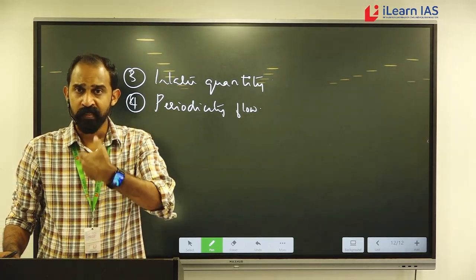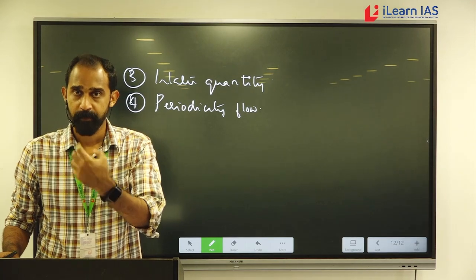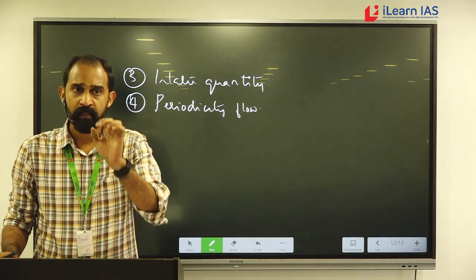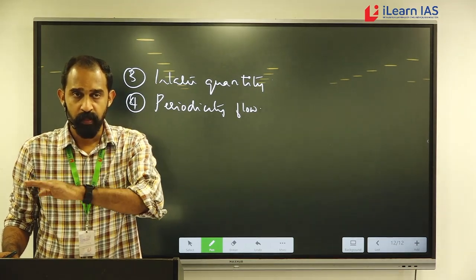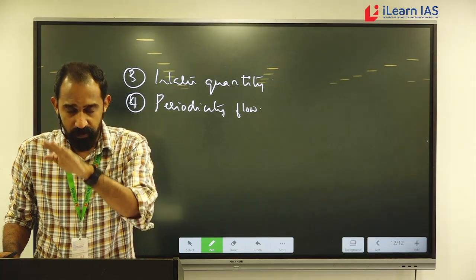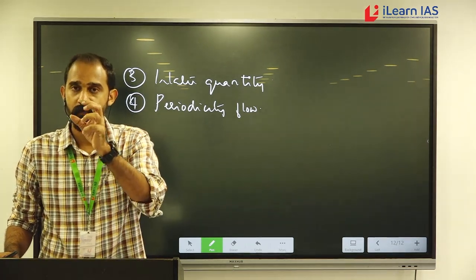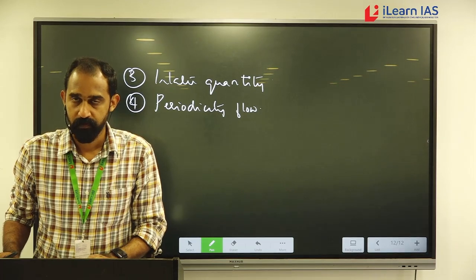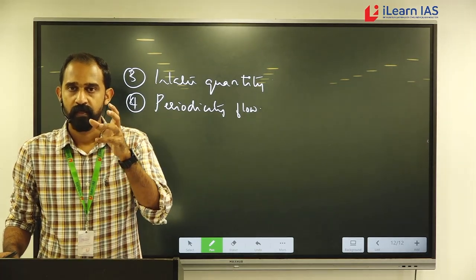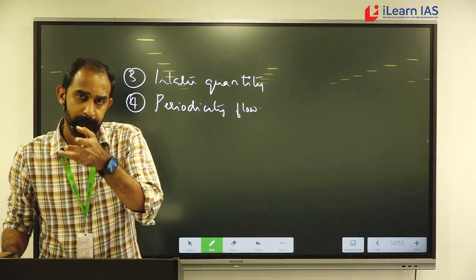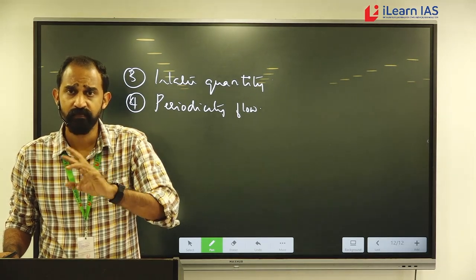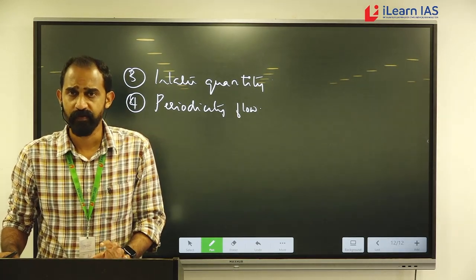The water quantity surges during the period of monsoon and then it keeps going down. And before the next monsoon, it will come to a very, very small amount. So that's seasonality. So the drainage characteristics of these two types of rivers will be very different.